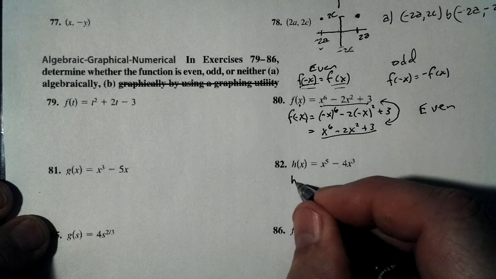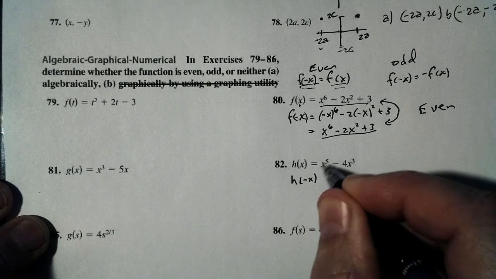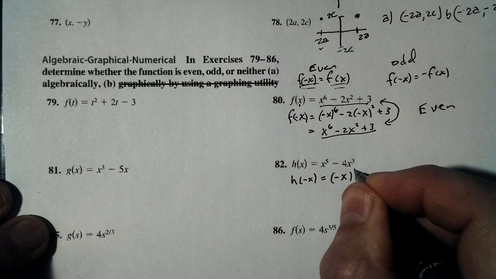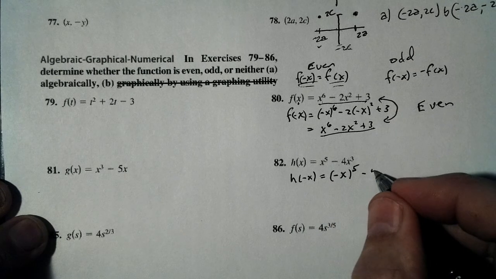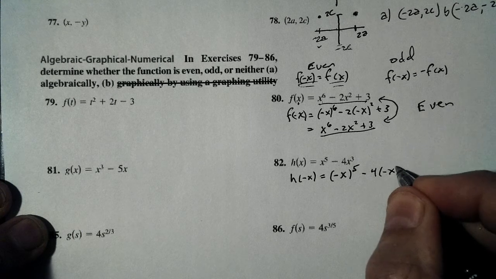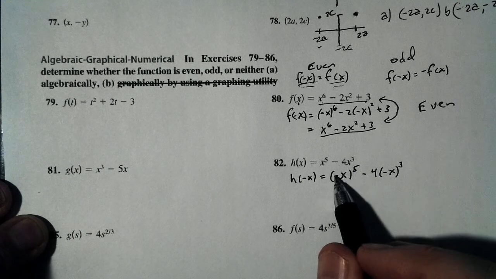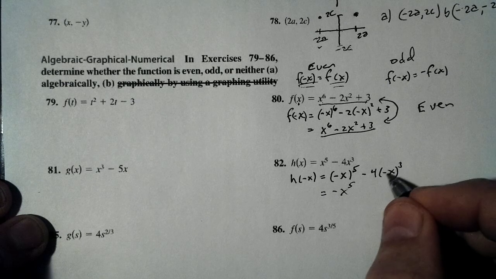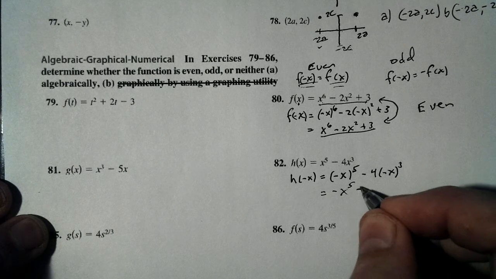Okay, so what happens to the left? You told me what happens to the right. I get negative x to the fifth minus 4 times negative x to the third. 5 negatives is negative. 3 negatives is negative, times a negative is positive.